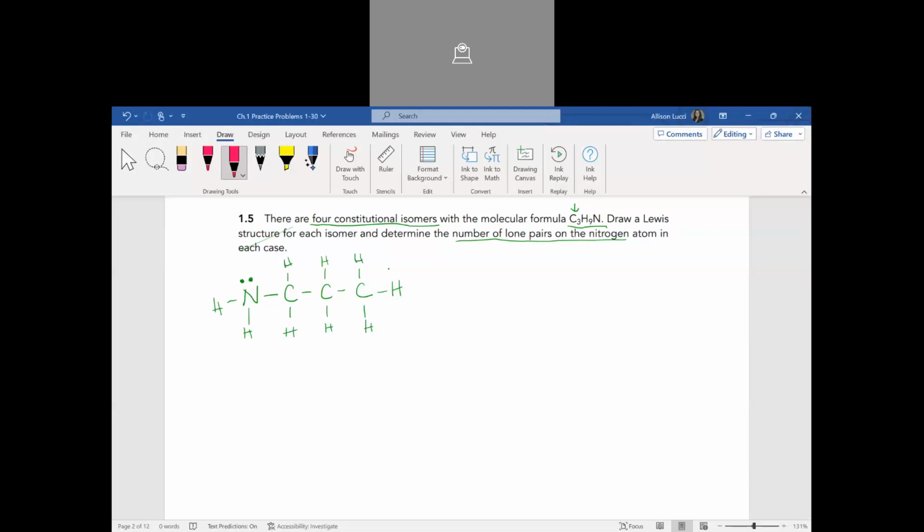Next, we can start with a carbon, and then put the nitrogen next, and then have carbon, carbon. So that would result with, if we filled in 1, 2, 3, 4, 5, all 9 of these hydrogens, we would end up with 1 here as well, and then a lone pair on our nitrogen again.